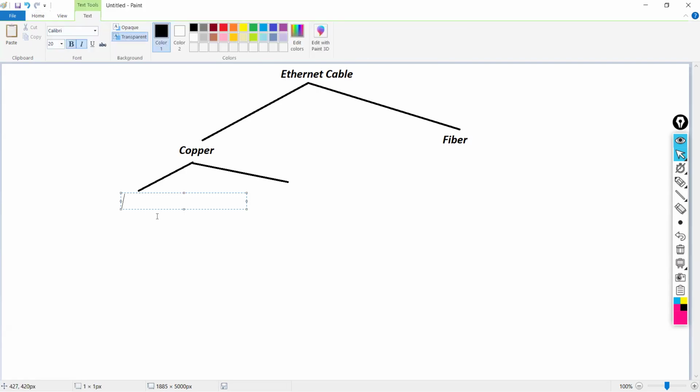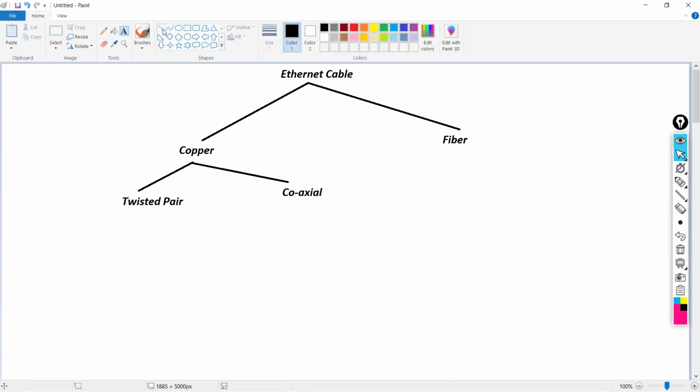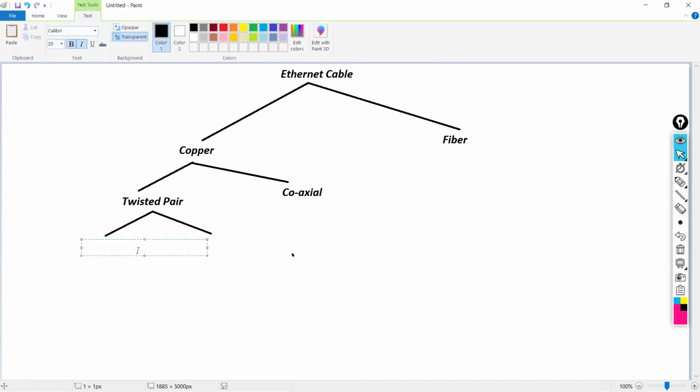One is twisted pair, and second one is coaxial. Then twisted pair further into two categories, shielded and unshielded. So in short, I'll call it UTP, and this one STP.